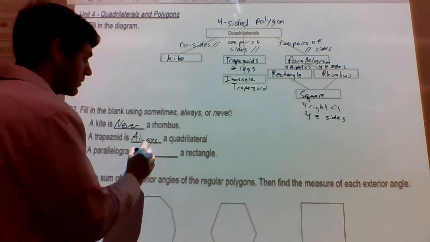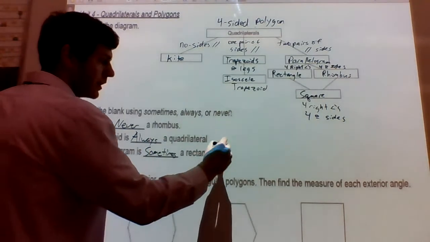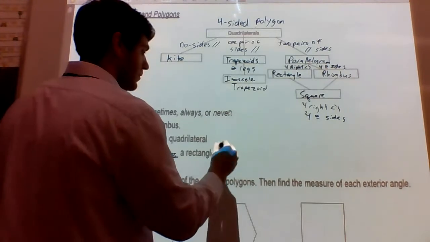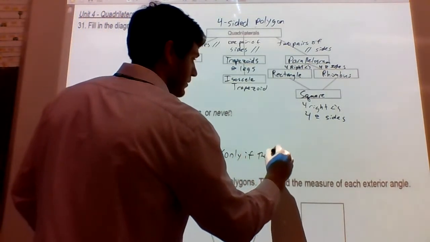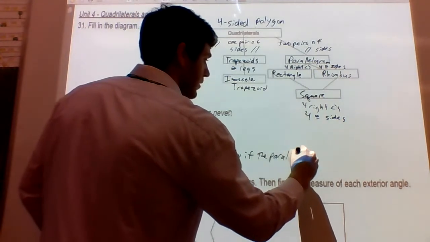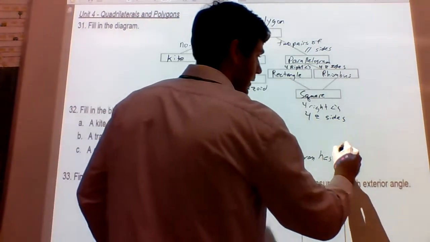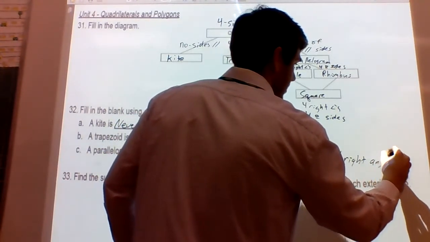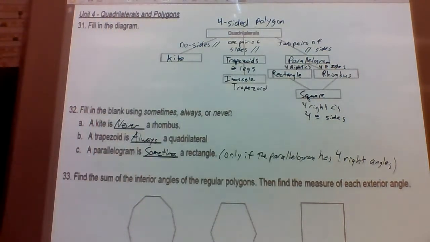So this is only going to be sometimes. We can even put only if the parallelogram has 4 right angles. And that would be the condition that allows this one to be true. So it's going to be sometimes.